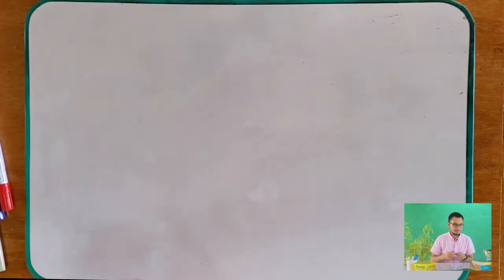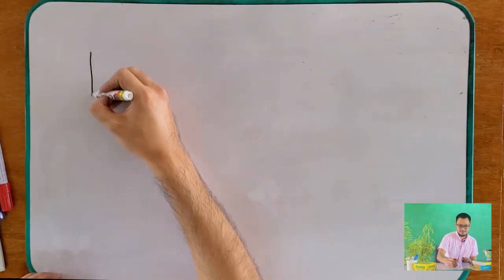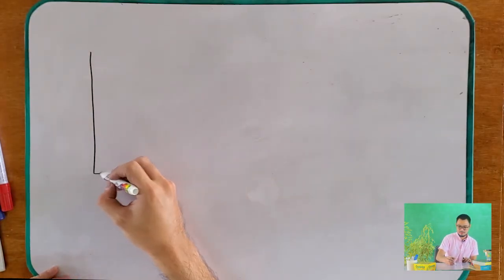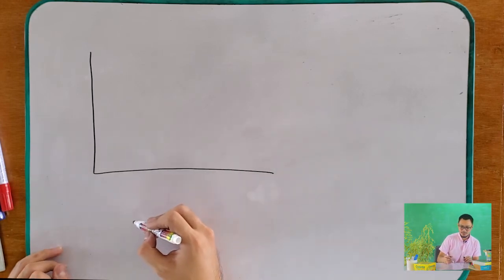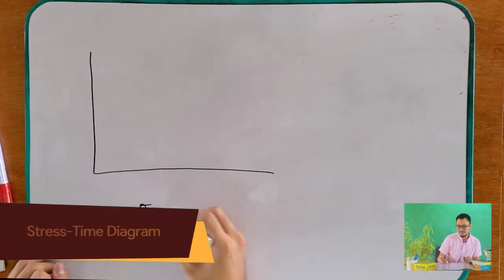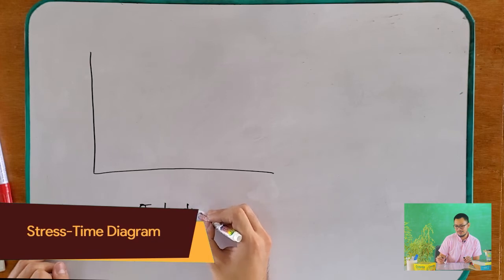And how can you determine this allowable creep strength of a material? Actually, there is a graph nga gihimo para sa aning mga creep strength sa atong material. This graph is what you call the stress time diagram.